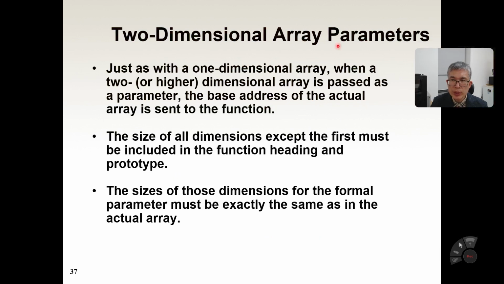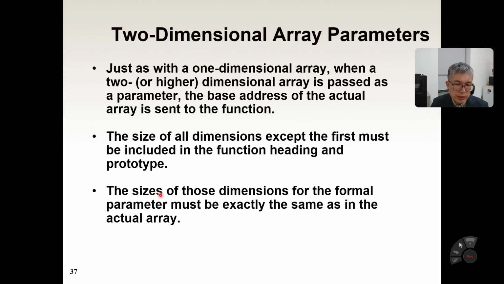Two-dimensional array parameters. Just as with a one-dimensional array, when a two- or higher-dimensional array (3 or 4 dimensions) is passed as a parameter, the base address of the actual array is sent to the function. The size of all dimensions except the first must be included in the function heading and the prototype.